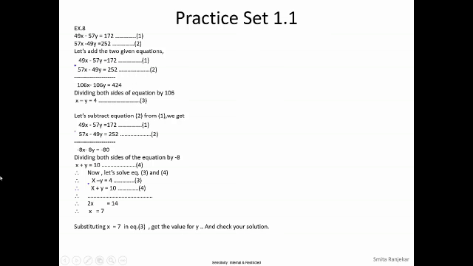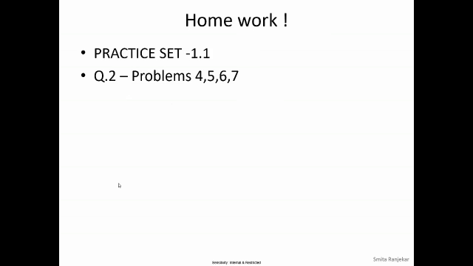So instead of x, you substitute 7 minus y is equal to 4 and check whether you are getting the solution that y is equal to 3, and therefore (x, y) is equal to (7, 3) is the solution of the given equations. Same way you can solve example 7.